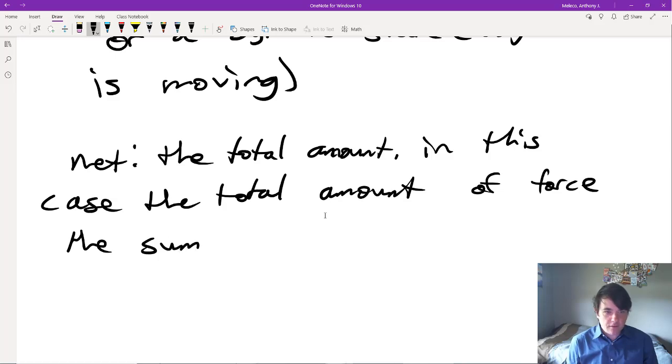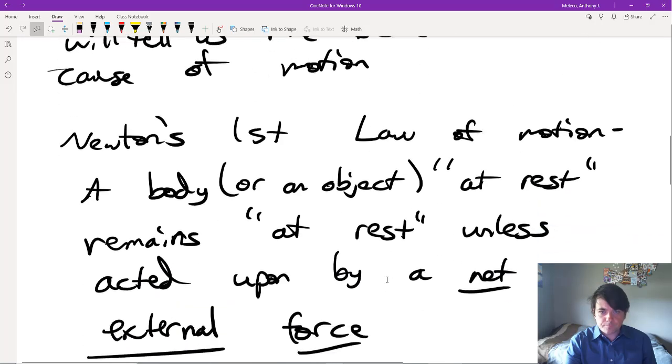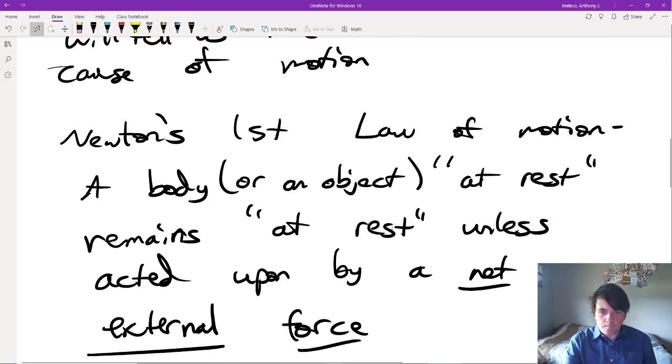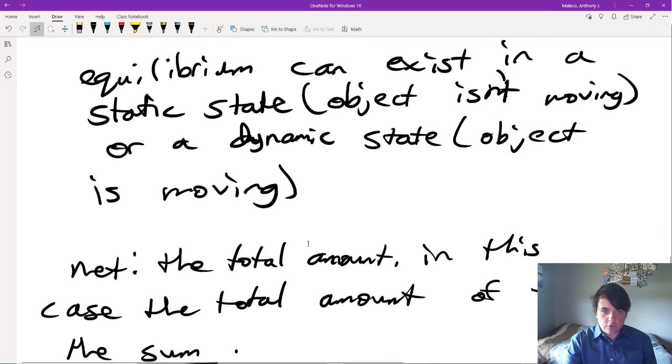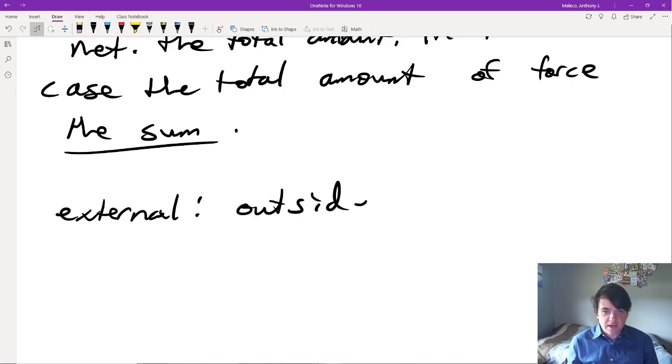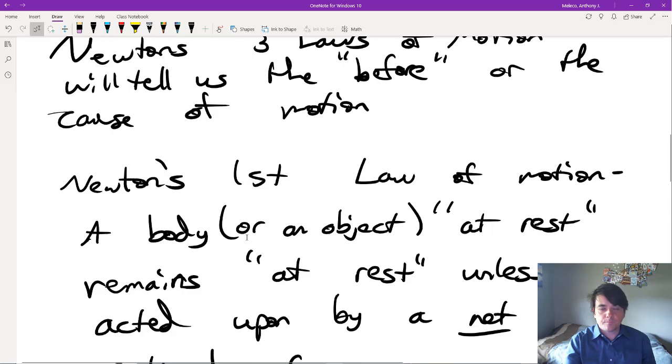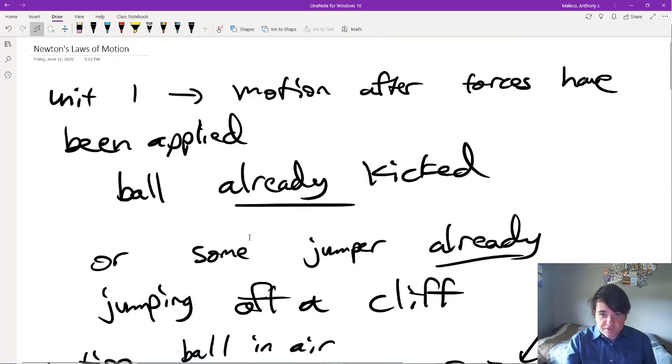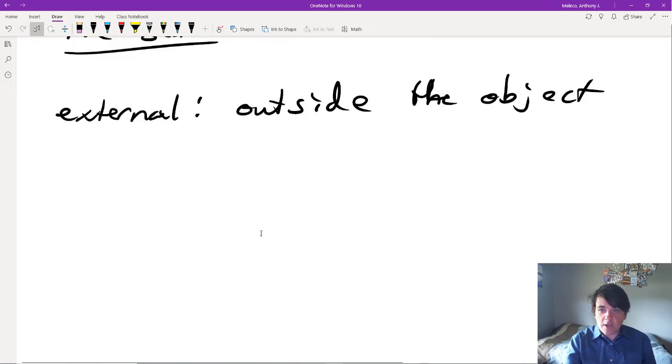The sum. What else? External. External just means outside the object.